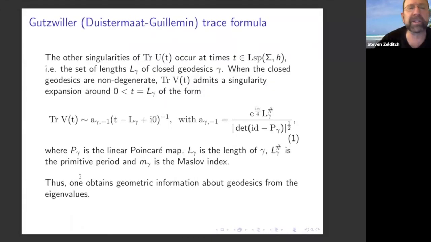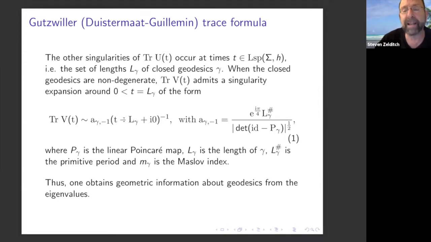So this is just a very quick recollection that the trace of the wave group has singularities at lengths of closed geodesics. At a particular length, if you have a non-degenerate closed geodesic, then you get just t minus the length inverse. That's the kind of singularity. And it has a leading order coefficient, which has symplectic information about the geodesic flow around the closed geodesic.